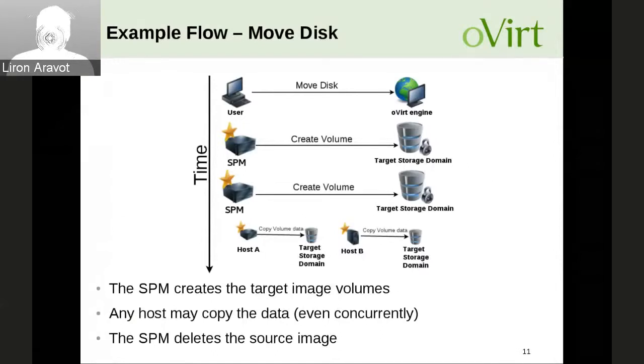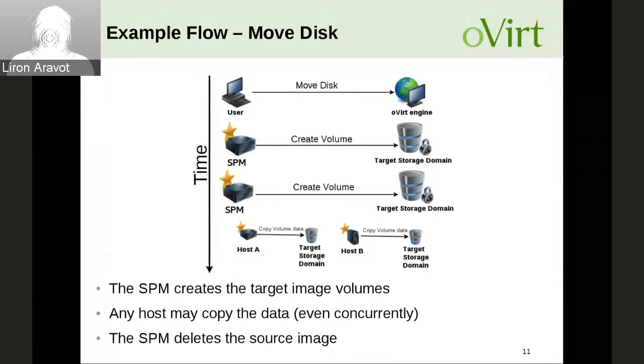So we can see that the engine sends one request to the SPM to create a volume on the target domain, then it sends a request to create a second volume on the target domain. And then, in order to perform the long operation that involves a lot of I/O, which is the copy operation, it distributes the copy of each volume between two of the data center hosts.